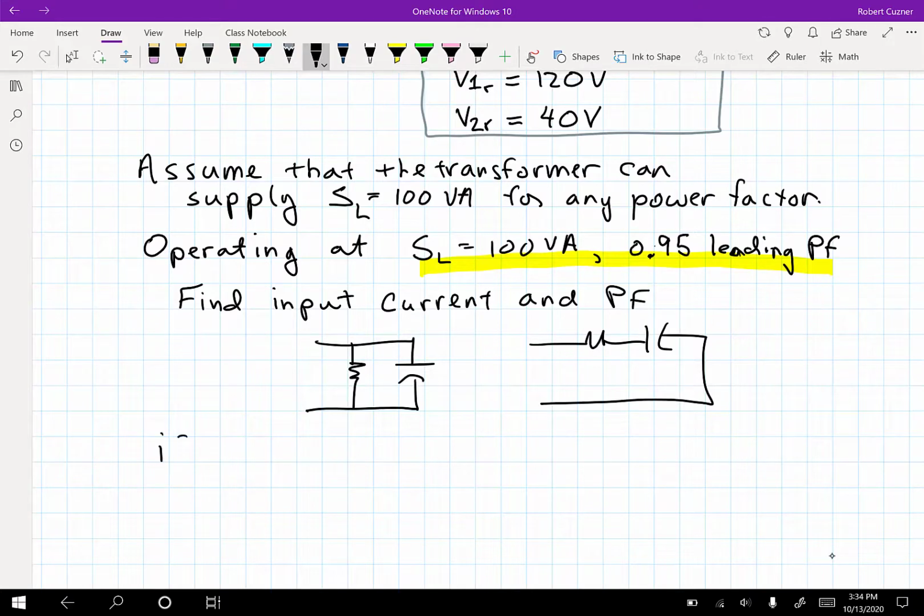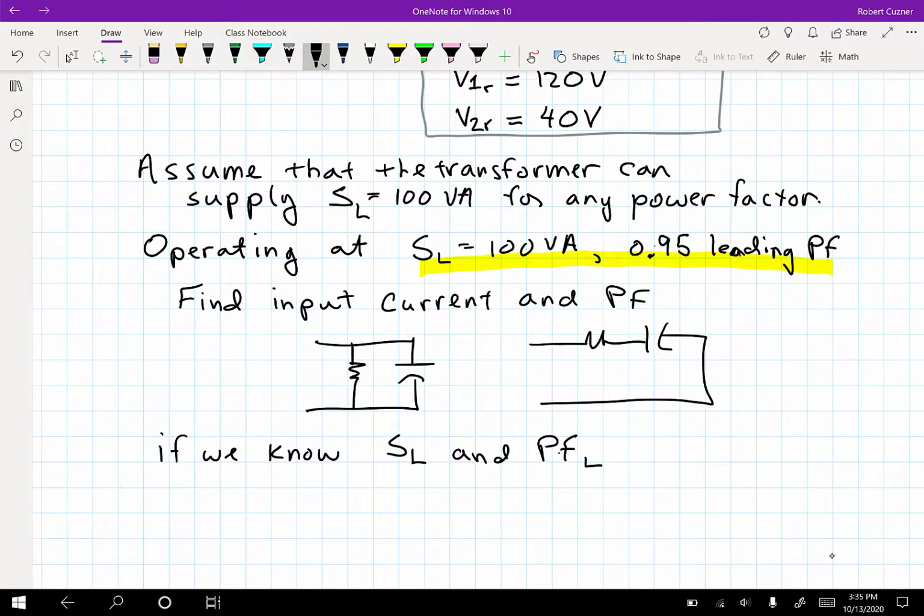So if we know the load apparent power, we can find the power factor of the load. I'll put a PF seen from the load.